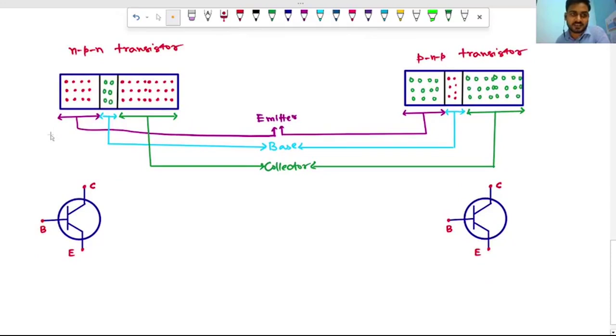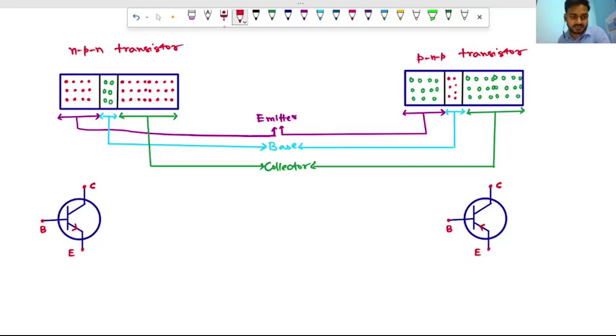What is the difference? This is an NPN transistor. For the NPN transistor, there is an arrow. This arrow is directed along the flow of current. But in case of PNP, the direction of the current is towards the emitter.